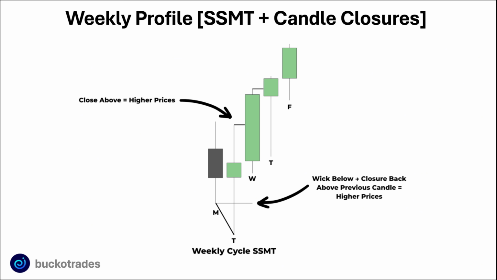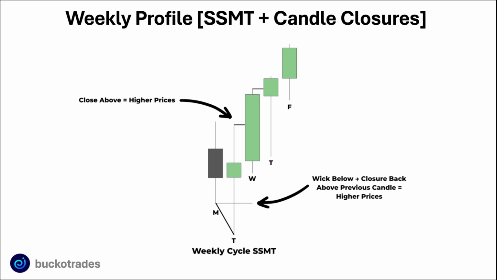And then how do we confirm this? Well, we confirm it by looking for a weekly cycle sequential SMT, wait for that day to close, the one that formed the SSMT. If we close back above, what can we expect? Higher prices, okay? So Monday opens up low, trades to the downside. We then have Tuesday open up, take out Monday's low.